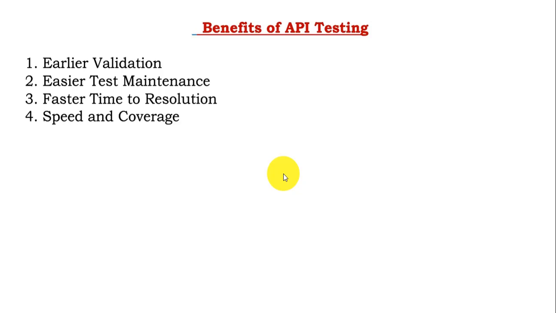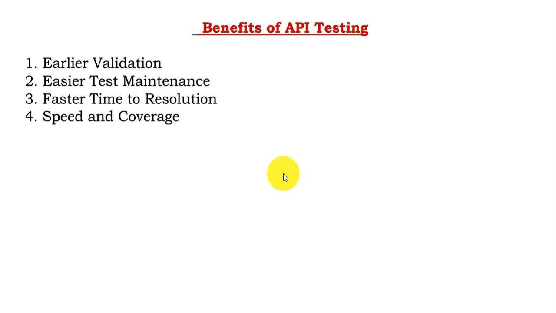And easier test maintenance: since it doesn't require any UI, it is easily maintainable. Rather than hitting from the UI while testing and performing different scenarios to confirm that this functionality is working fine, we can use this particular API and also confirm.